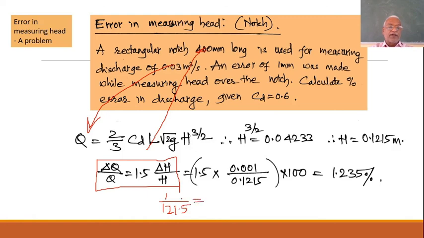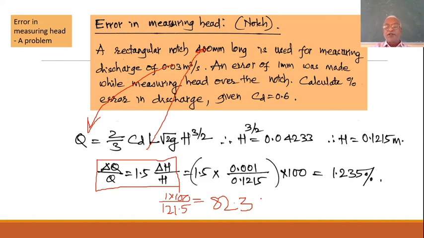If you calculate this into 100, you will be getting percentage of the error. 100 divided by 121.5 will give you 0.823%, that is the percent of error.